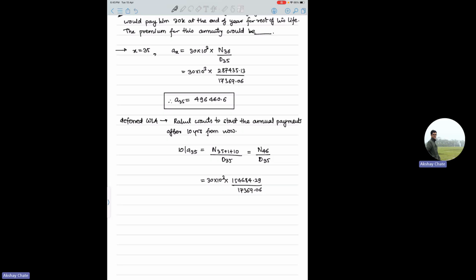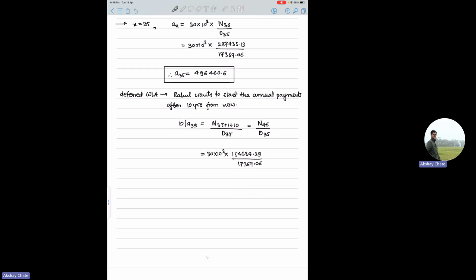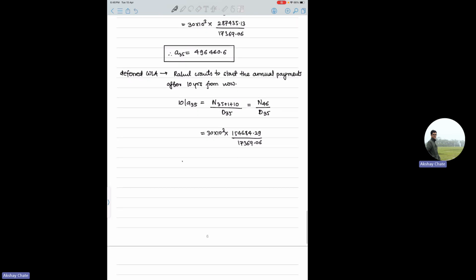Earlier it was 16.55, and now this comes out to be only 8.90. If you multiply by 30,000, you get this deferred WLA as 2,67,172.1. This is the difference, because he doesn't want payments for the next 10 years, he wants them after the age of 45, so he needs to pay less.